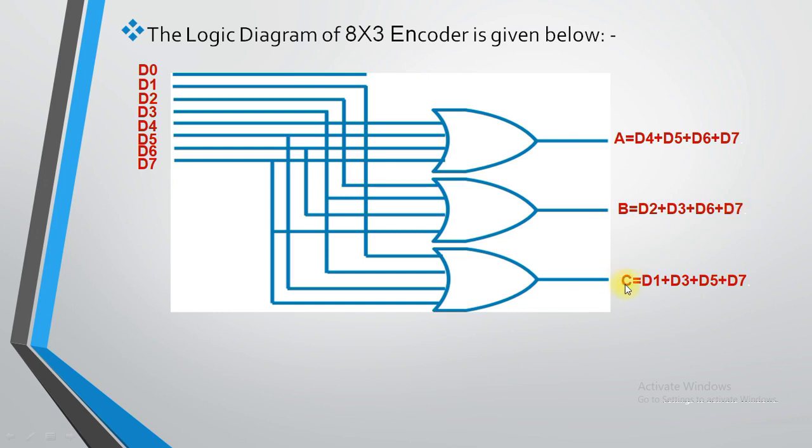Similarly, for generating the output of variable C, you need to take cable from input variables D1, D3, D5 and D7. D0 is the initial state of any encoder which cannot be passed into any gate. So you just need to draw a simple open line to represent input variable D0. So this is the logical diagram of 8x3 encoder.